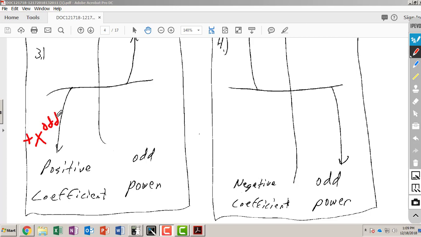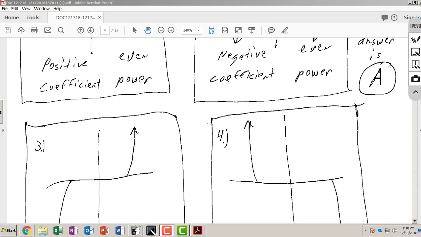That means the left side is going down and the right side is going up: left down, right up. The same thing happens if it's negative, like negative x to the third, fifth, seventh, and so on. That means the left is going up and the right is going down. So you can know what your graph is doing according to the leading coefficient test.